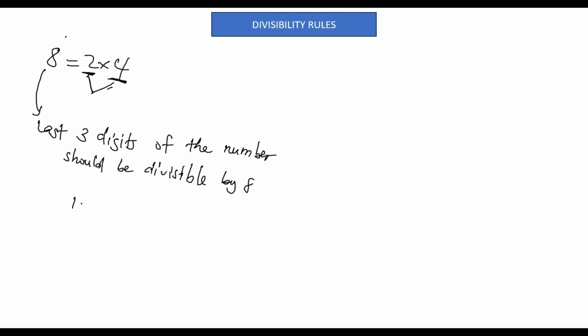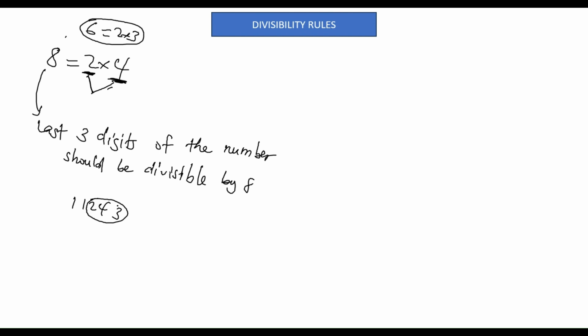So if you are given 11243, you are going to focus on the last 3 digits. If the last 3 digits are divisible by 8, yes, then the number is. Or you can just use the condition of 2 and 4, like how we did for 2 and 3 earlier. So you can just continue with 2 and 4.